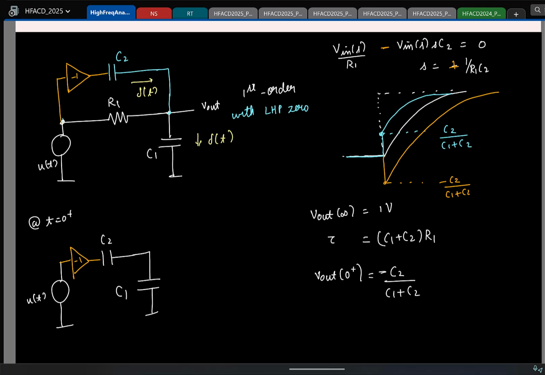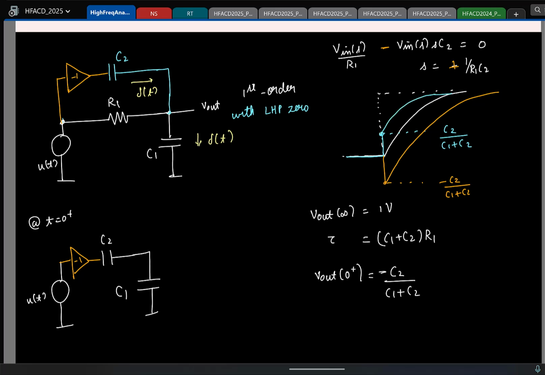So again, you see that you are much better off when you didn't have any zero. With a single pole, at least you are settling a bit faster. Now in the act of introducing an RHP 0, we have actually made it slower. So again, in general, if you have an LHP 0, the step response at t equal to 0 plus will see a jump, and this jump will be in the same direction as you want your output to reach.